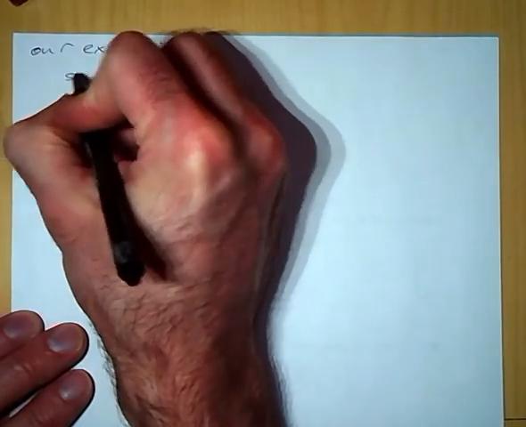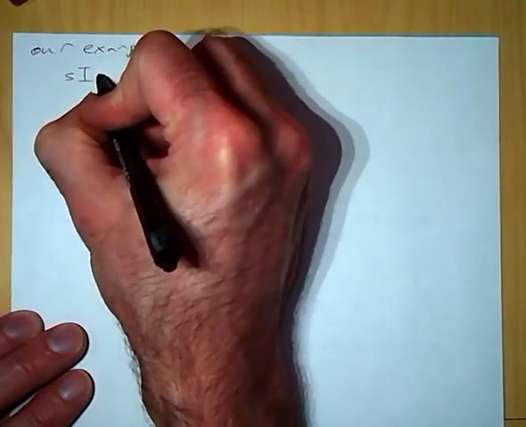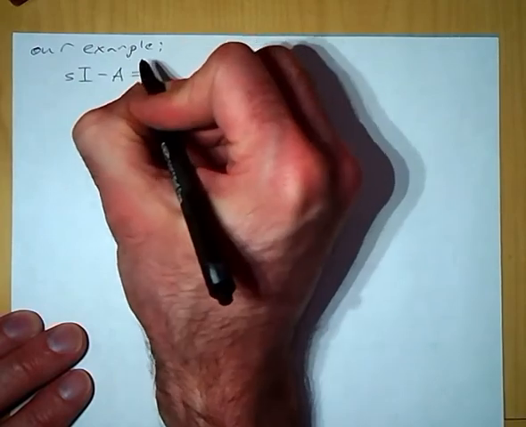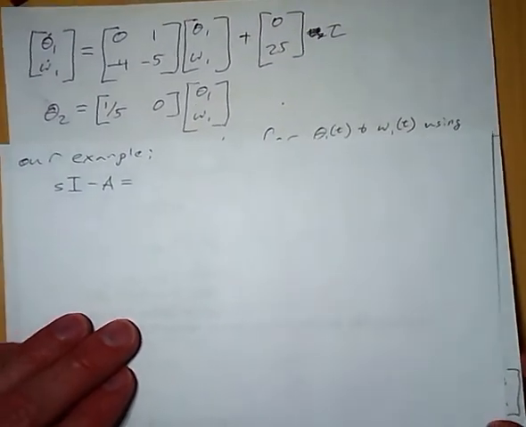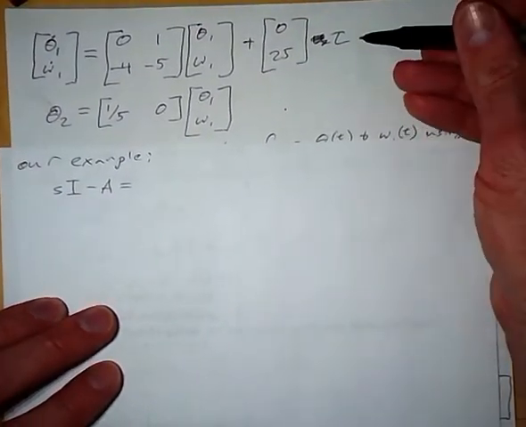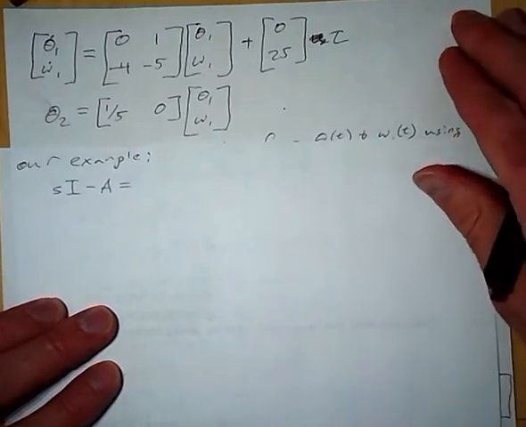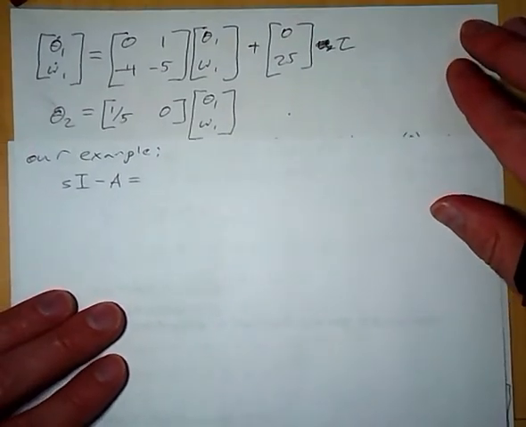We want to find the values for these matrices. So S times the identity matrix minus A is equal to, let's find the A matrix. Where do we have that written down? So here's our state space representation, state equation, output equation. And this gives us values for A and B.